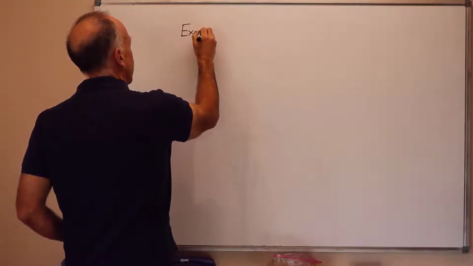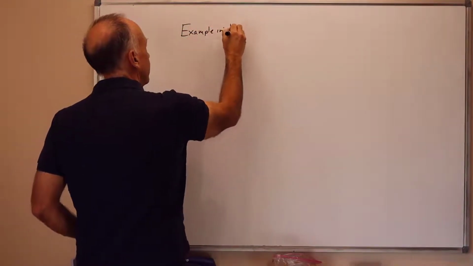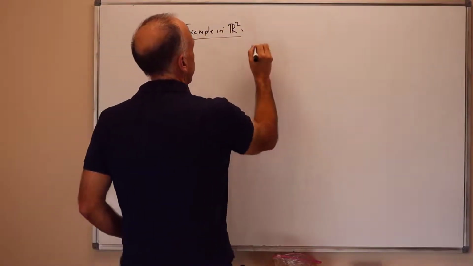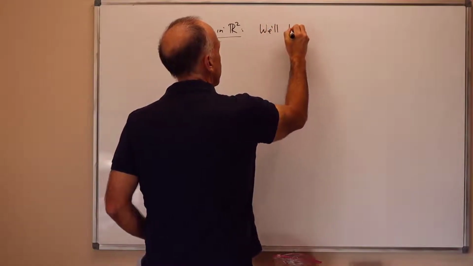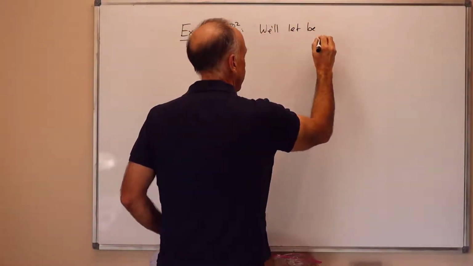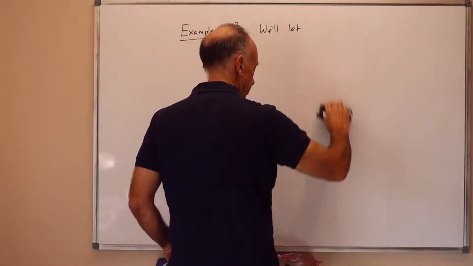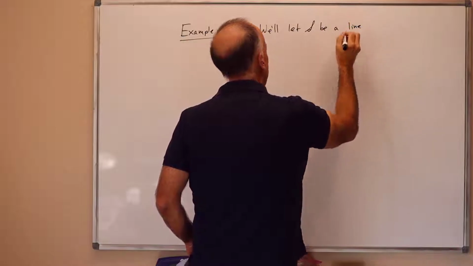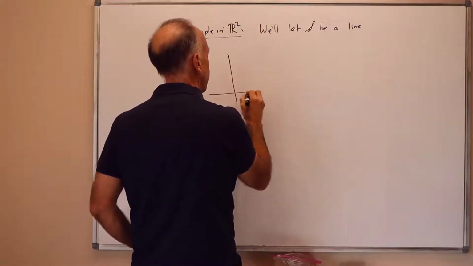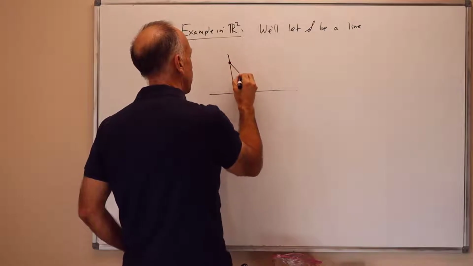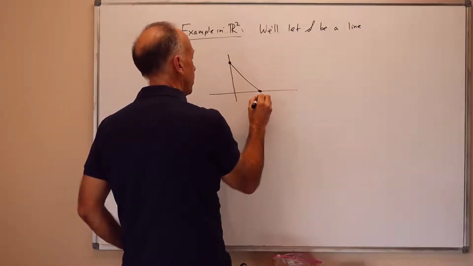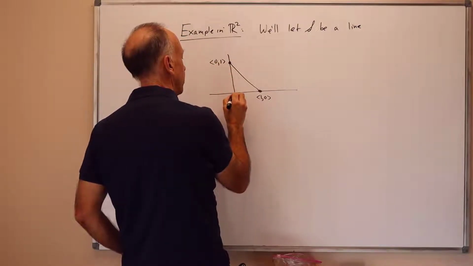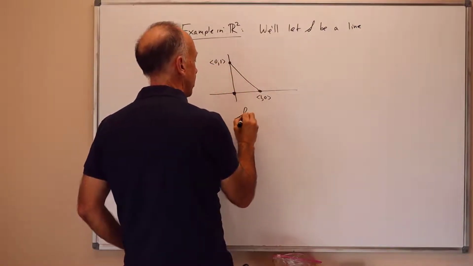Here is an example in R2 showing how normals do not transform as expected. We'll let the surface be a line segment, and in particular let's let it just be the line with slope -1 that joins the 2 points (1, 0) and (0, 1) with a line segment.